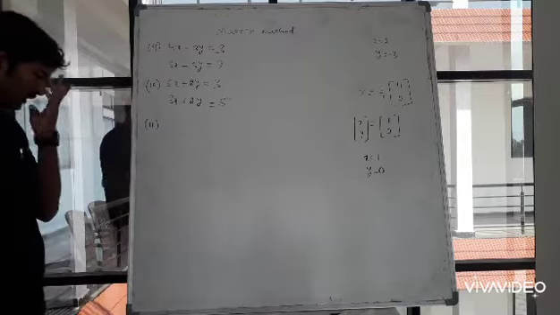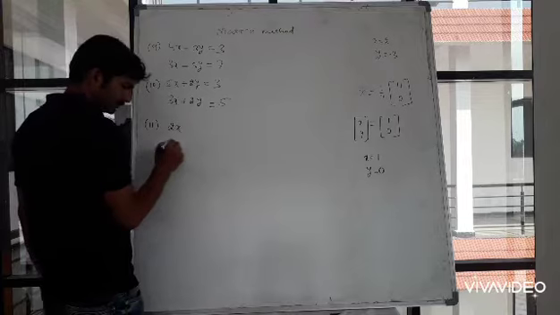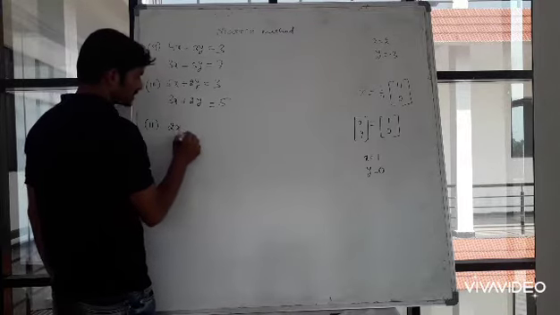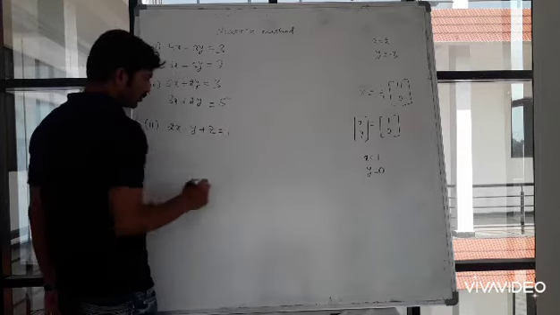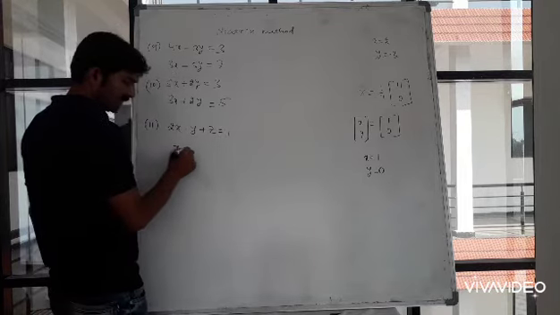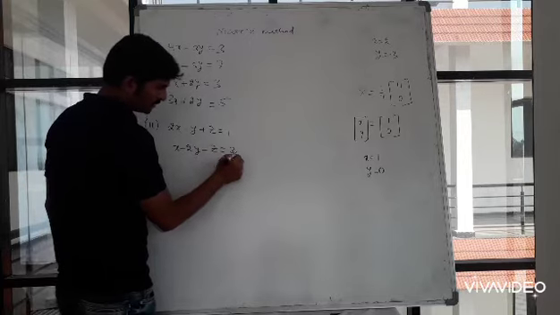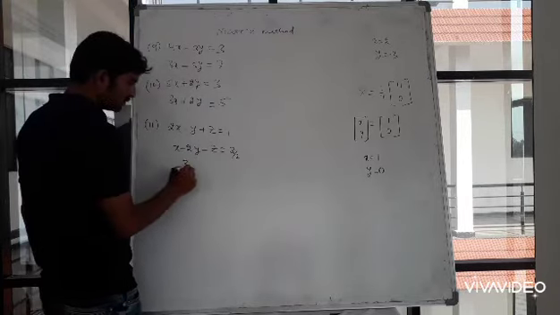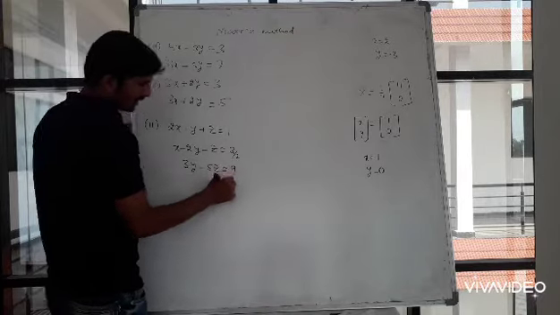Next we go. Example number 11: 2x plus y plus z is equal to 1, x minus 2y minus z is equal to 3 by 2, 3y minus 5z is equal to 9.